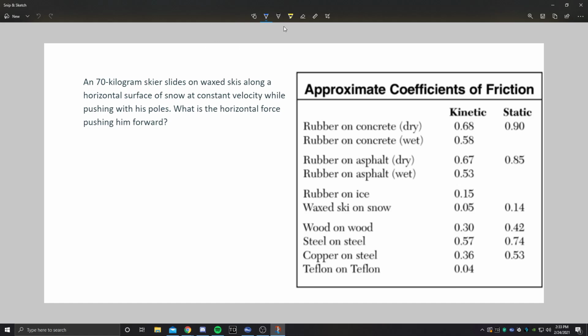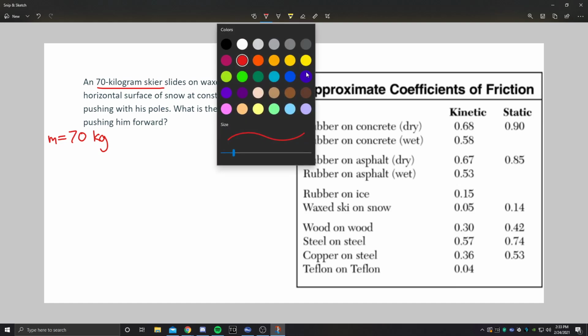So let's do this one. So you have a 70 kilogram skier, and he slides on wax skis along a horizontal surface of snow.